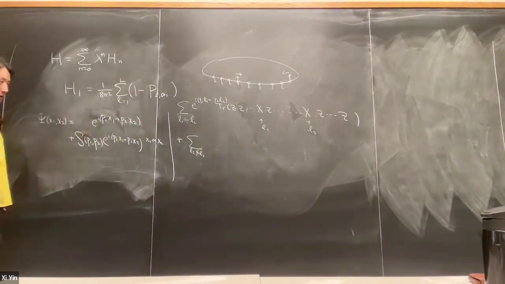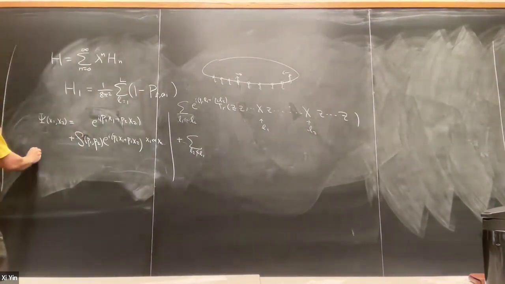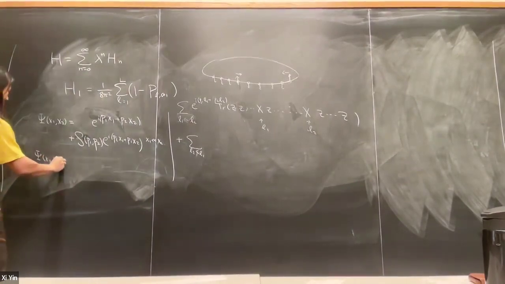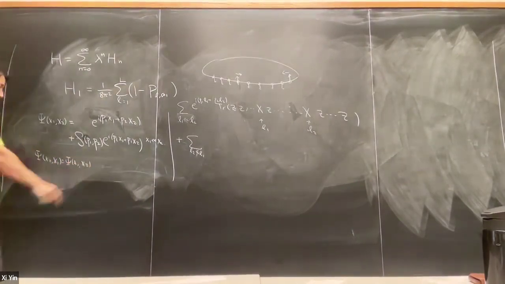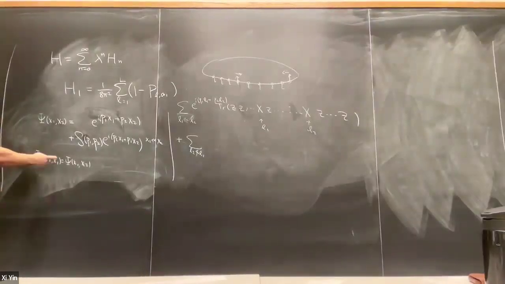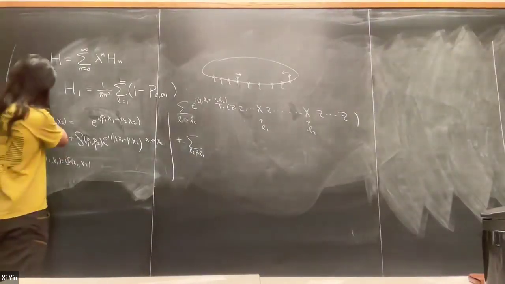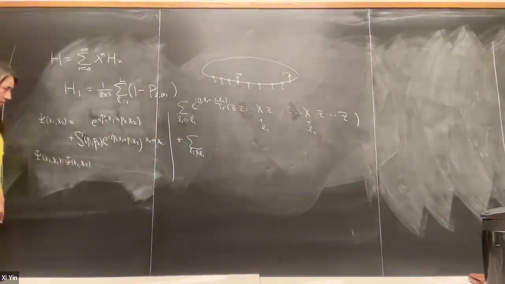These are by construction identical particles, so of course psi(X2, X1) is the same as psi(X1, X2), so it suffices to say what this is in the regime X1 much less than X2.